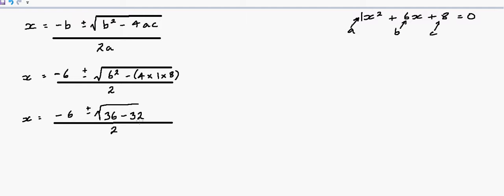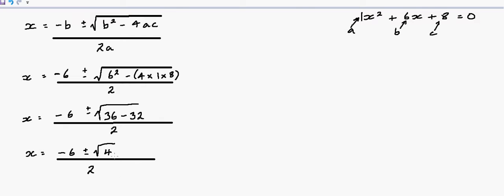Okay, so all we've done is shrunk this down a bit. So now we have x equals minus 6 plus or minus the root of, now 36 take away 32 leaves us 4, and that's over 2.